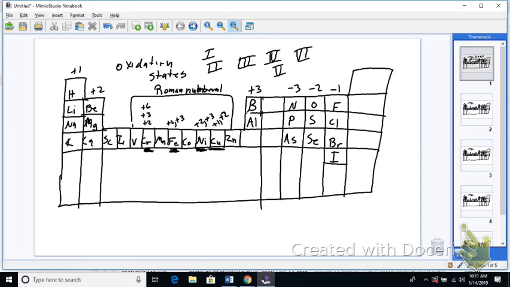Got it? So if I tell you chromium's charge is +3, you're always going to have to put chromium III. If you find out that iron's a +3, you're going to have to say iron III.